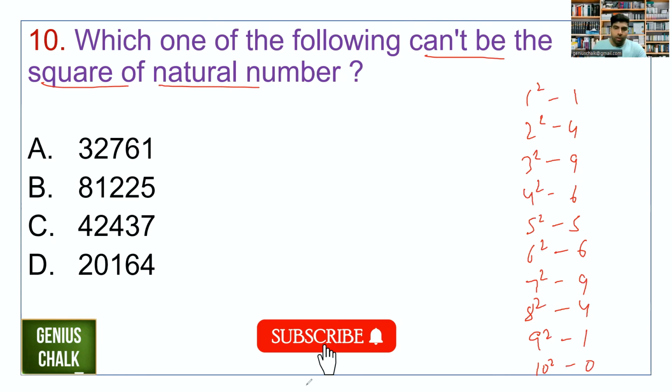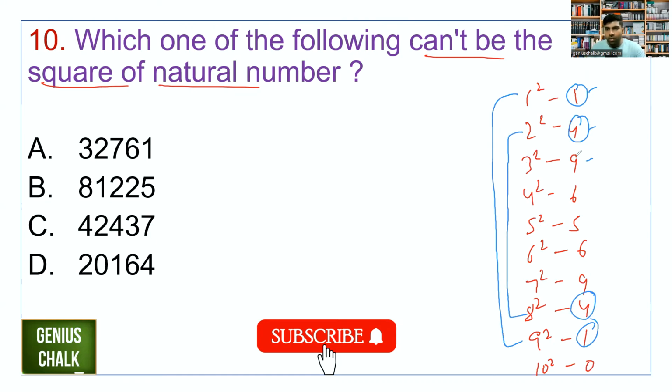If you see all of these numbers 1, 4, 9, they are repeating, like 1 is repeating in 1 and 9. 4 is repeating also in 2 and 8, right? 9 is repeating in 3 and 7. Then 6 is repeating in 6 and 4, and 5 is alone. So these are the numbers which are the unit digit of the perfect squares.